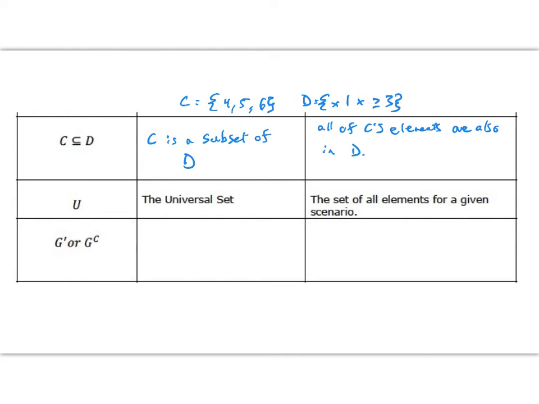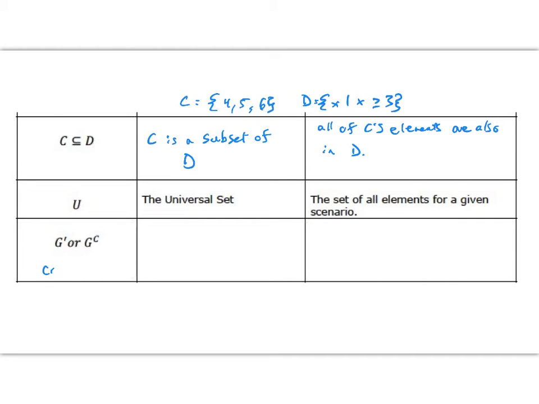All right, now, sometimes it helps if you have a limited universal set. A good example of a universal set would be a deck of playing cards that has a limited number of 52 elements. Or maybe you're just considering the numbers 1 through 10. It would be just the set of all elements for a given scenario, and that scenario may change from time to time. And it helps if you have a universal set to understand what a complement is. So what is a complement?